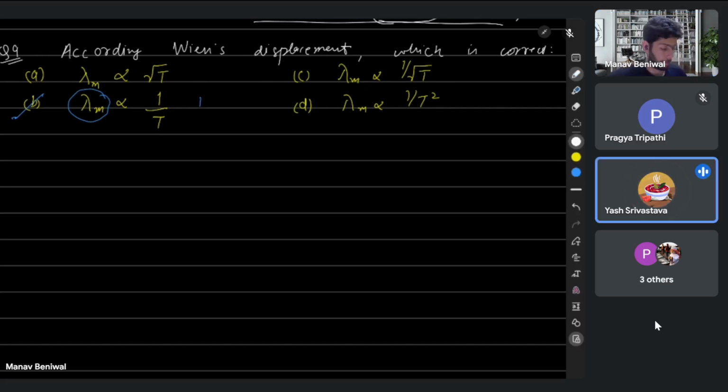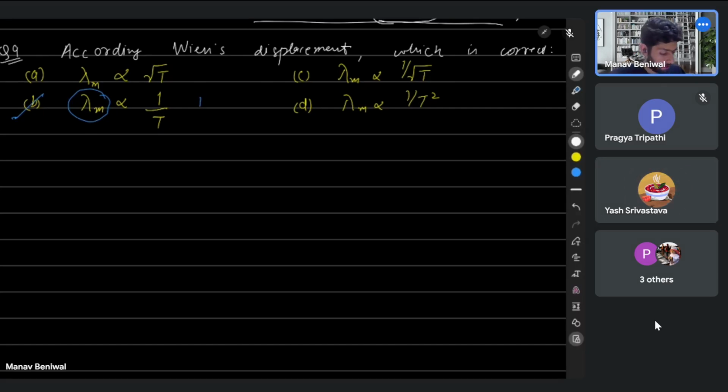Sir, as far as I know, the peak of the intensity versus lambda graph for the black body radiation, the peak where it was coming, that peak was lambda m.